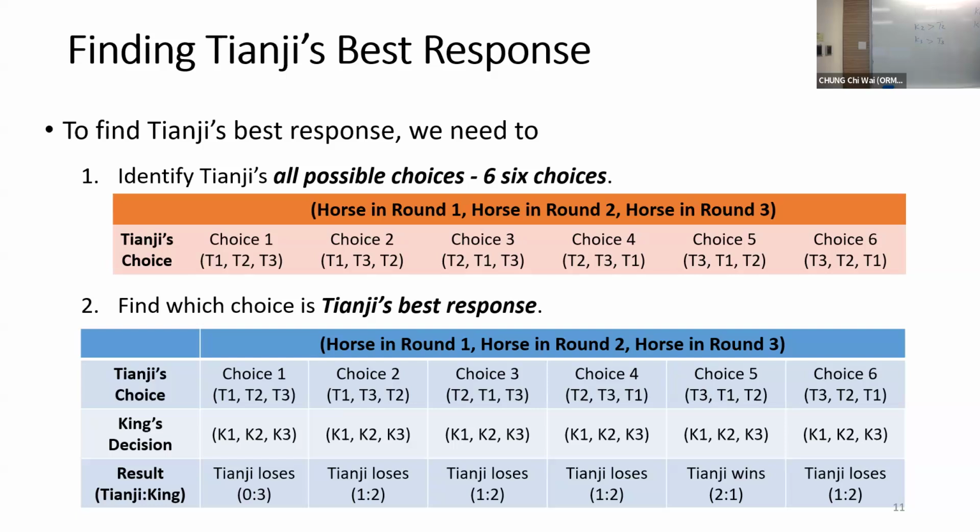If the king uses K1, K2, K3, and Tianji chooses the first option, and if Tianji chooses these different orders, 1, 2, 3, and 3, 1, only 6.